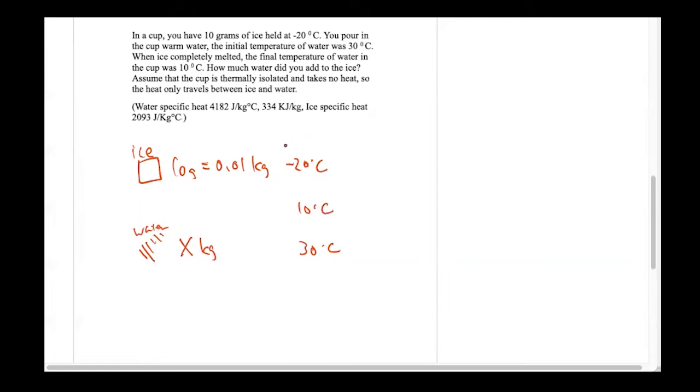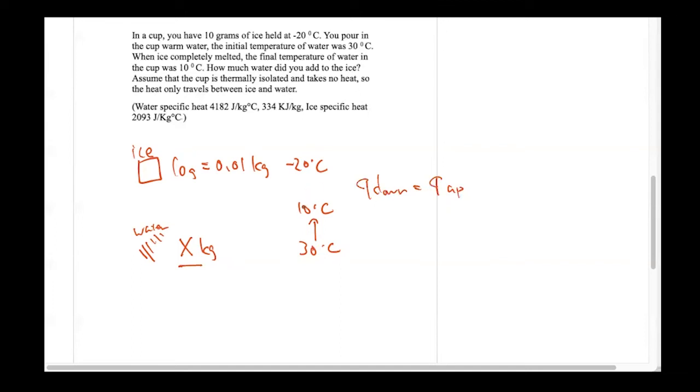And we need to obtain this X. So in this situation, you need to understand that Q down equals Q up, which means that this water is giving out the heat, and this ice is going to receive the heat.